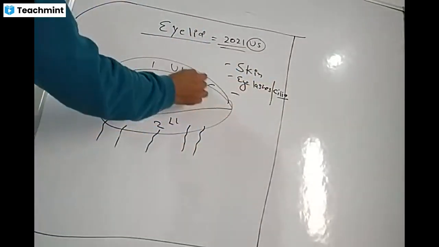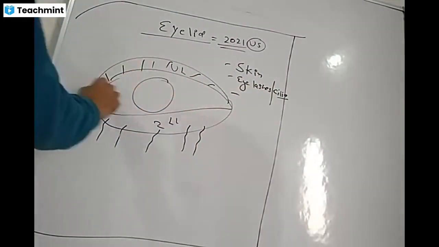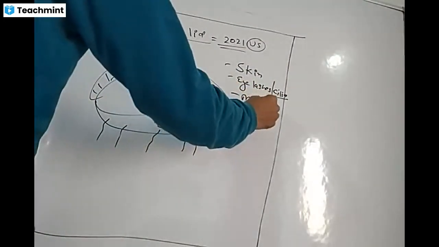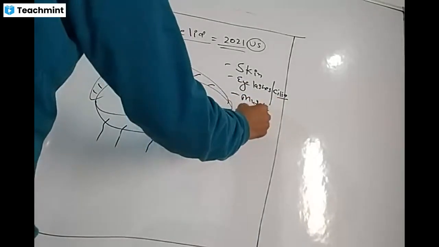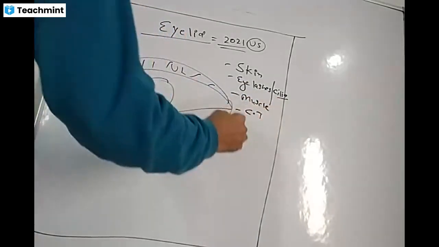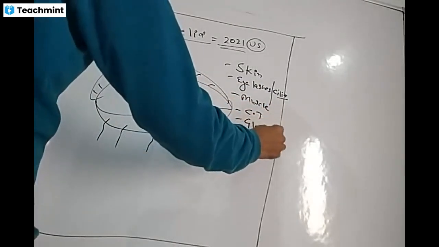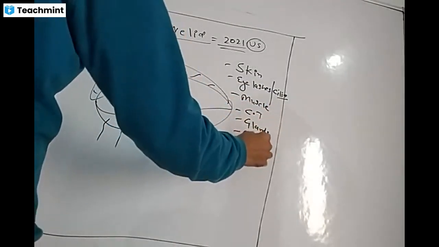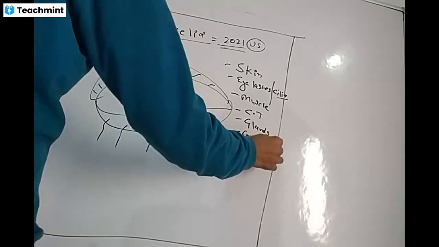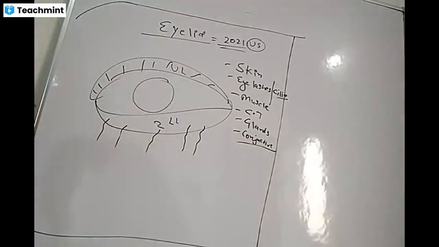Then these eyelids are also having muscles, connective tissue, and glands, and they are lined with conjunctiva. That is palpebral conjunctiva.